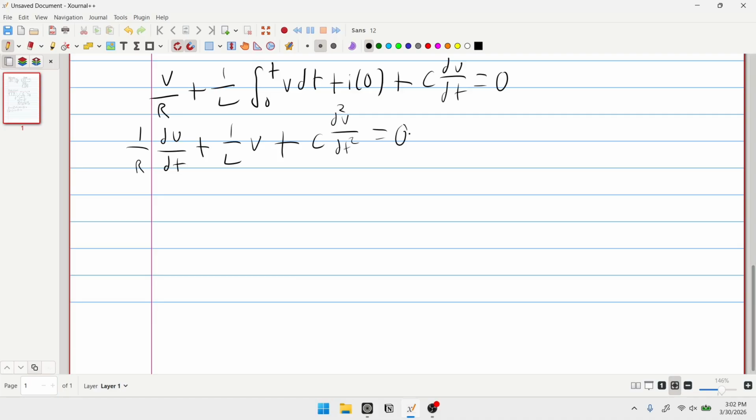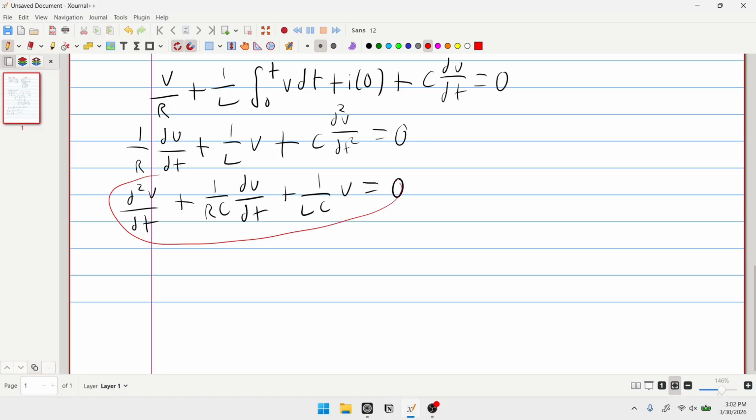Alright, so I'm going to rearrange some stuff so we can get into our characteristic equation. Move the d squared to the front, divide everything by C, and then we get this equation right here.